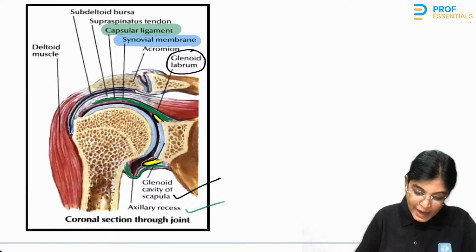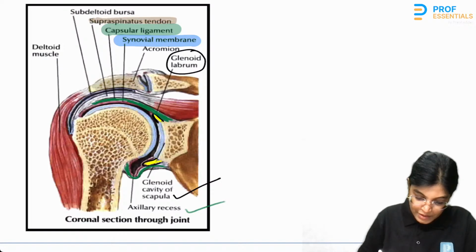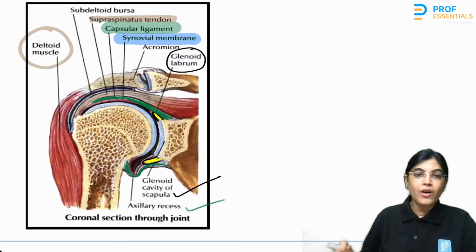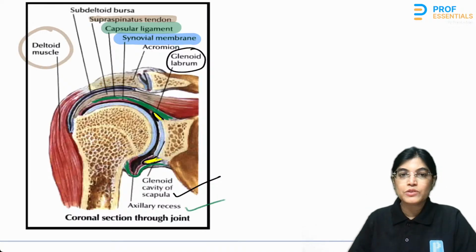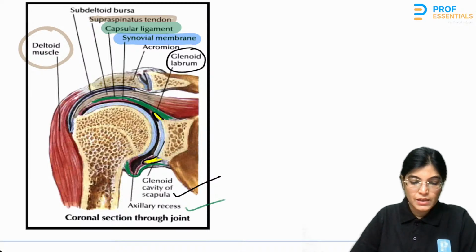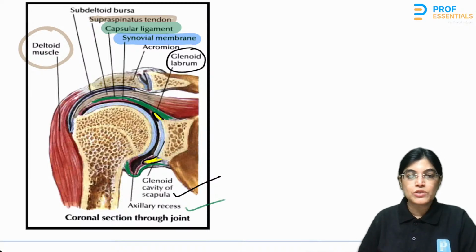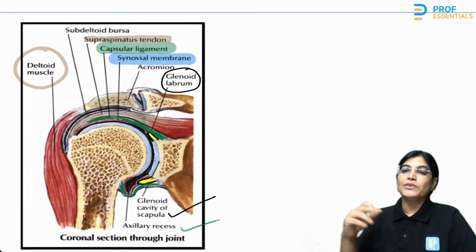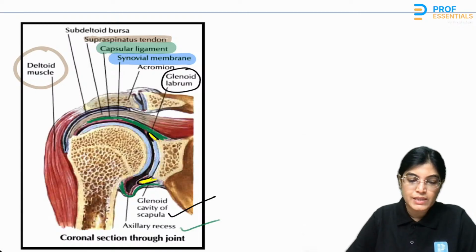Superiorly, we can see the supraspinatus tendon lying below the coracoacromial arch, and superior to this the shoulder joint is covered by the deltoid muscle. This is the coronal section shown to you, and I will also make a coronal section line diagram so that you can make that diagram in your university examination.